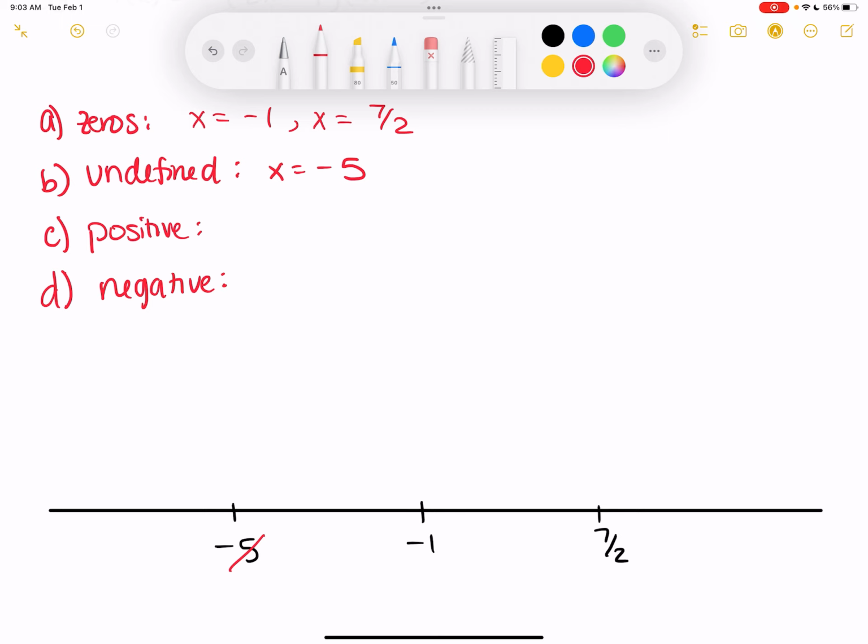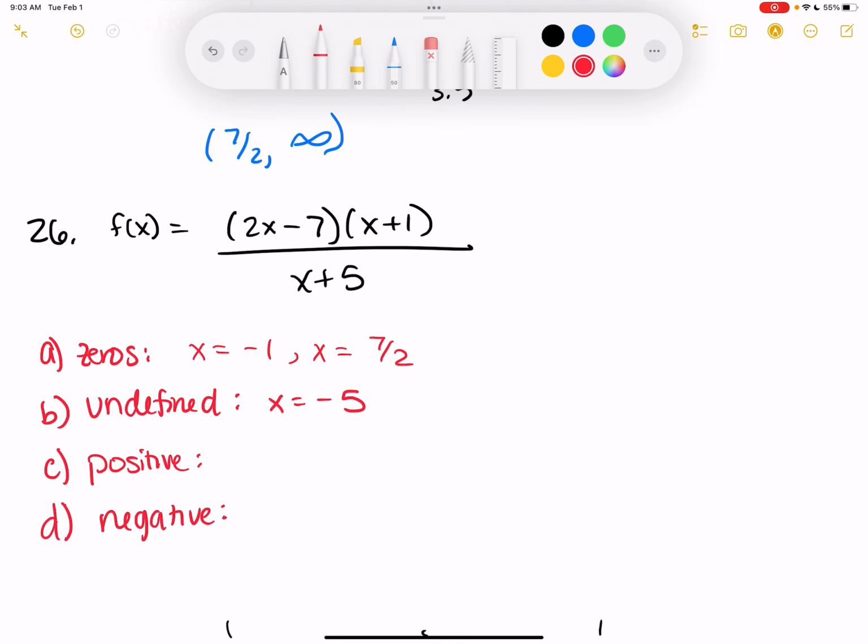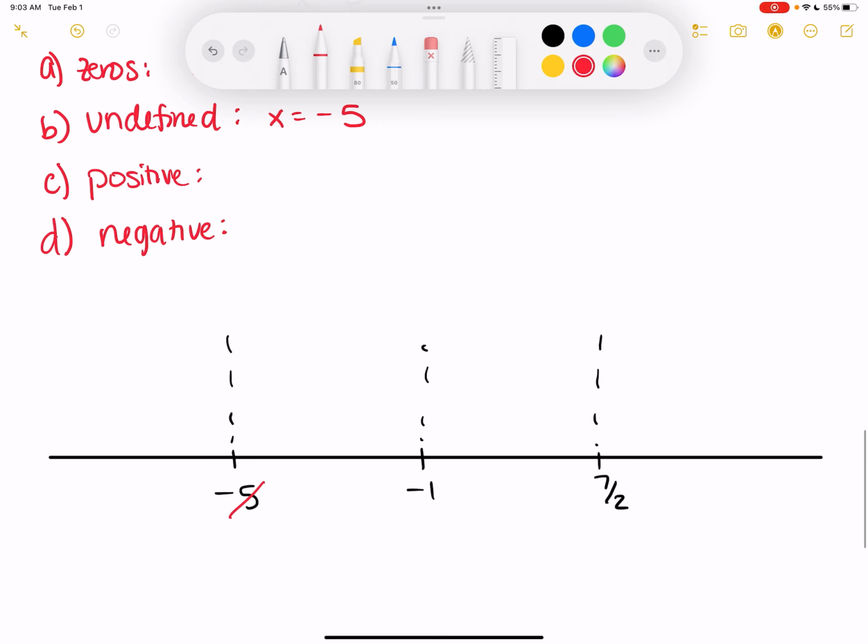Okay, so now when we do these, let me get some area here to work with. I set this up the same way. So I've got 2 parentheses on top and 1 on the bottom, so it's going to look like this when I'm looking at my signs.